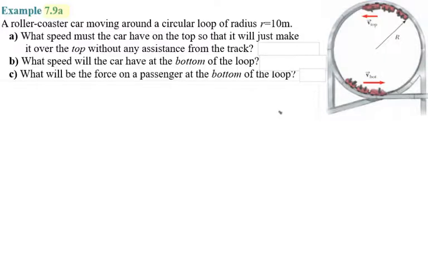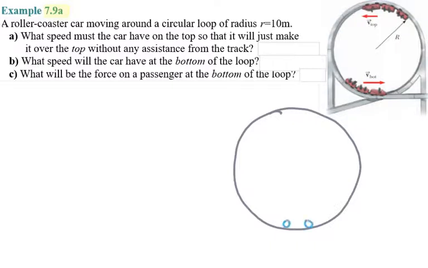So here I'm going to draw the loop so I can explain to you how the forces are acting. If the car is at the bottom, the forces acting on the car are the force of gravity, the normal force, and it also has centripetal acceleration toward the center.